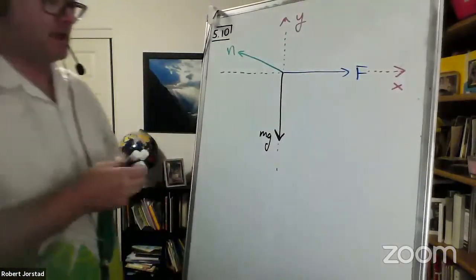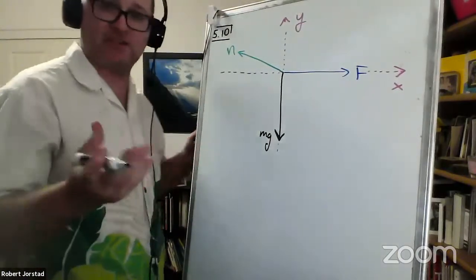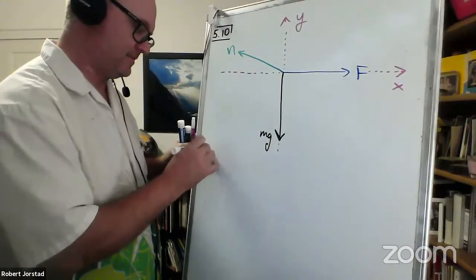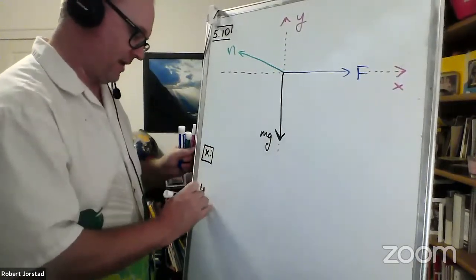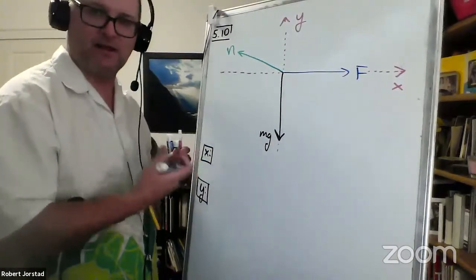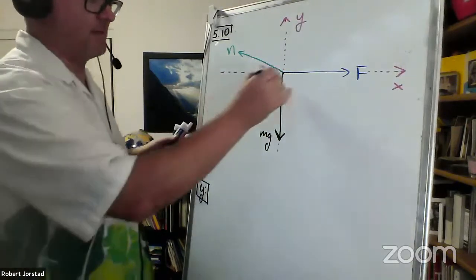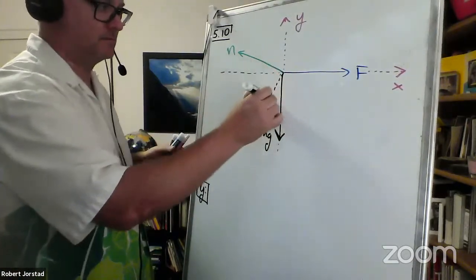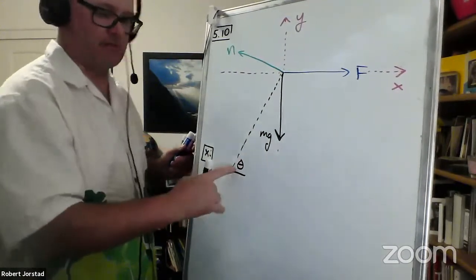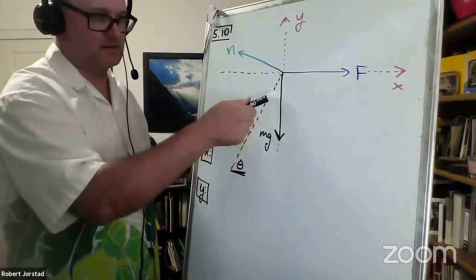All right, tell me what the forces are. Why don't you do this: write down the forces in the X without talking to me, and write down the forces in the Y without talking to me. I'll do it as well, and then we'll compare. And if it helps, remember, that was theta, right? So what's this?